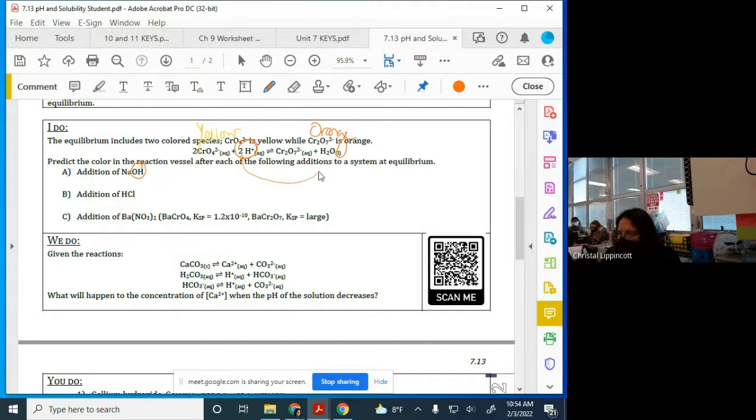And we're forming this. So if we form more of that, this stuff over here is increasing. We're getting bigger and bigger and bigger. So then what's it going to do? It's going to shift what? It's going to shift over here and become yellow.